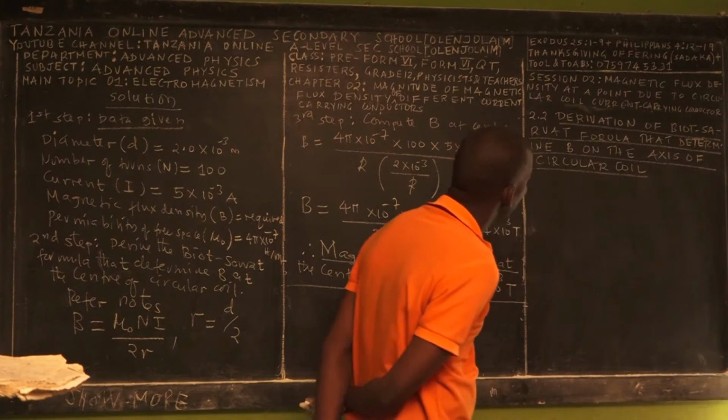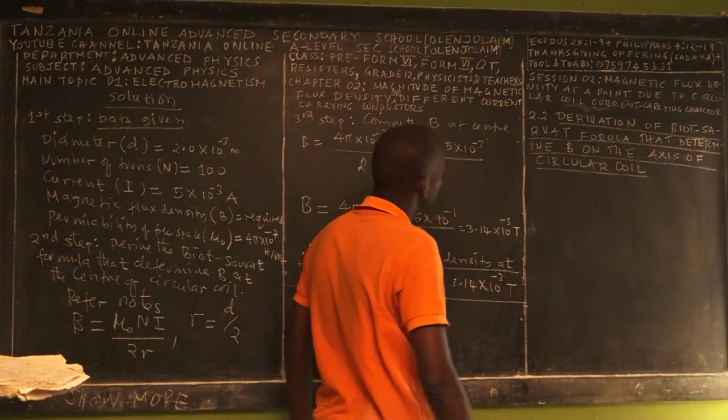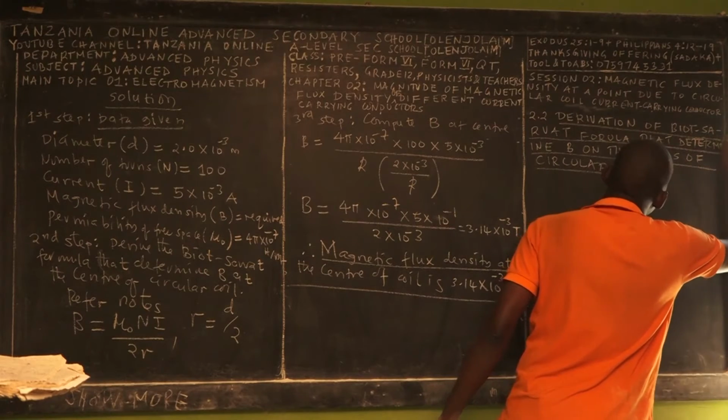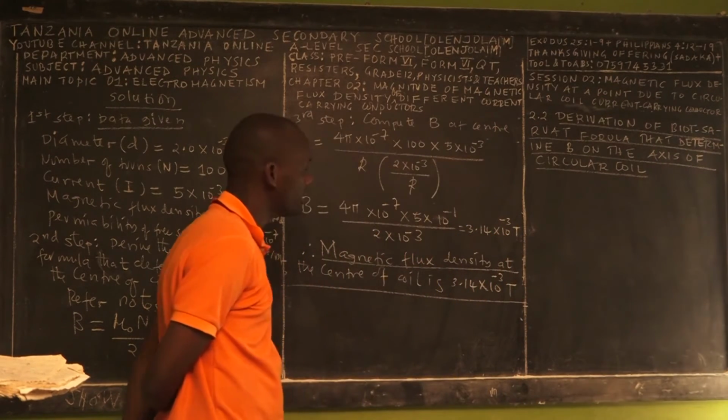So the derivation of the Biot-Savart formula that determines magnetic flux density on the axis of the circular coil.